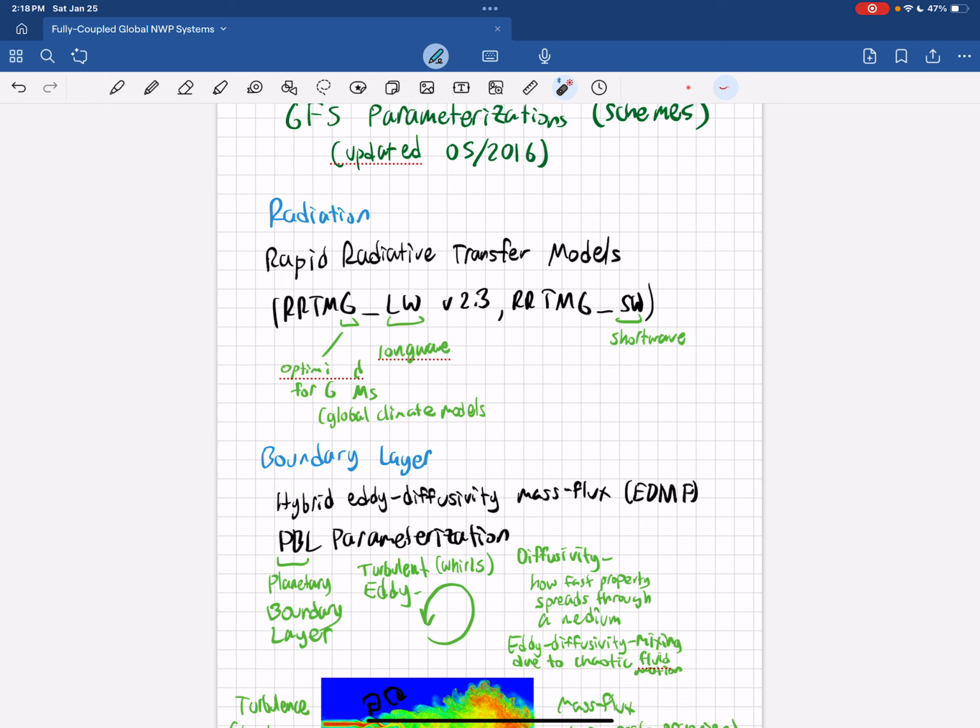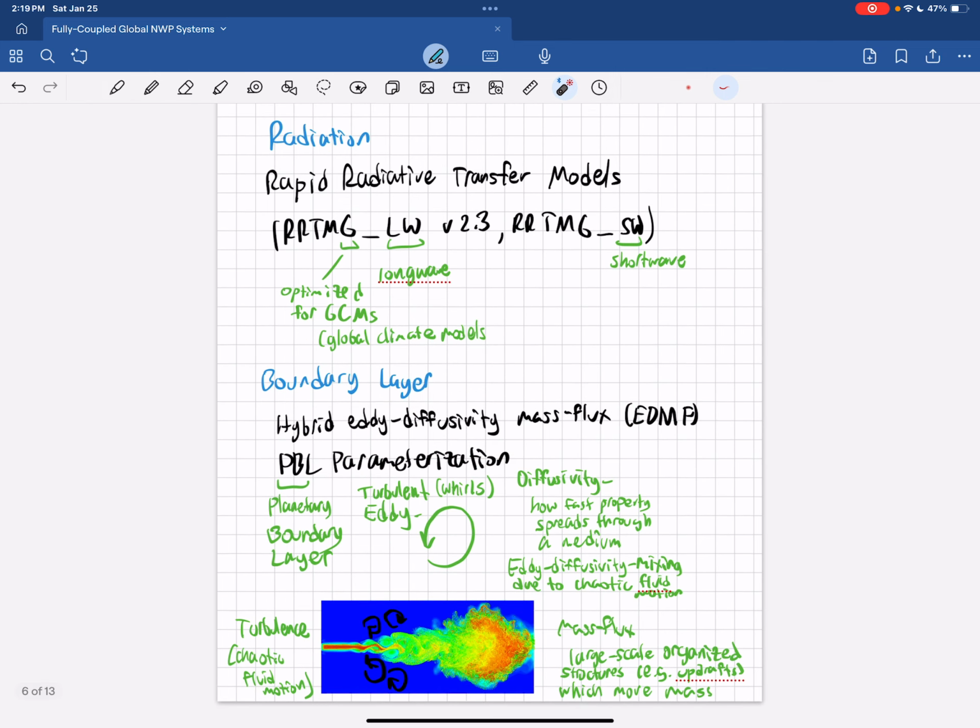LW is for longwave, as we discussed before, SW for shortwave, and the RRTM stands for this, and the G specifically is because it's for global climate models, or you can think of it as just global, because I think they're used in the global ones regardless of whether it's a climate model or not. So the boundary layer is called the hybrid eddy diffusivity mass flux, EDMF, PBL parameterization.